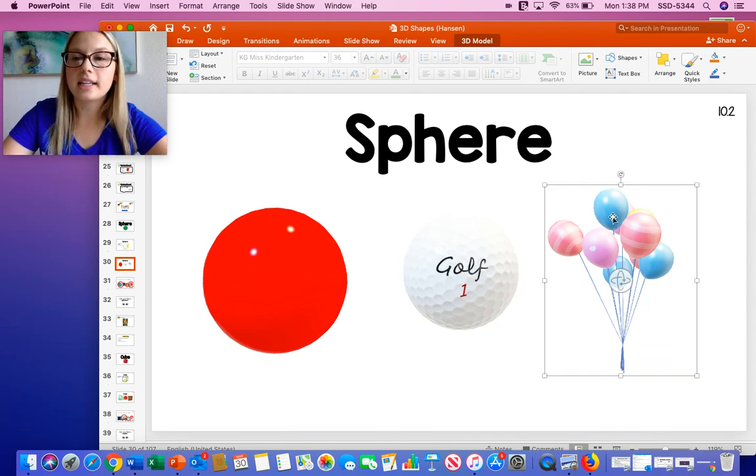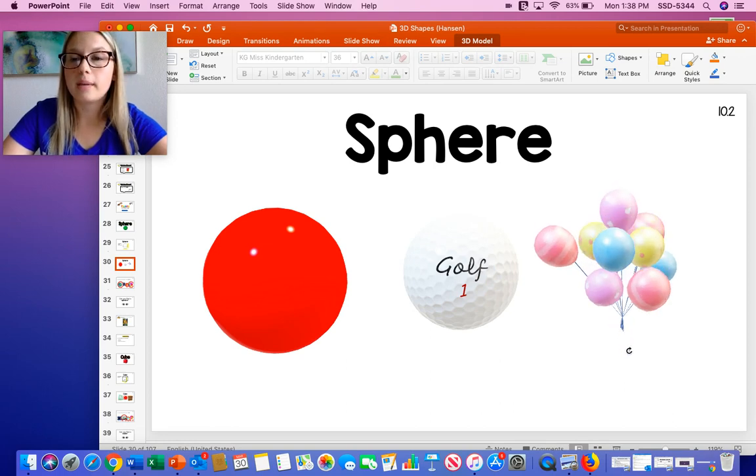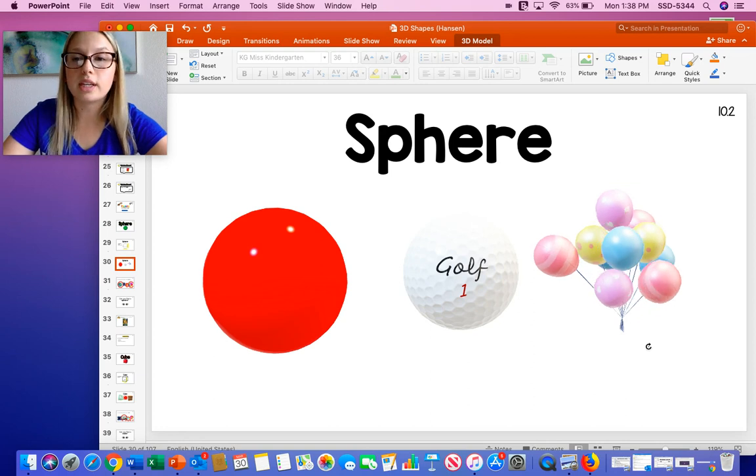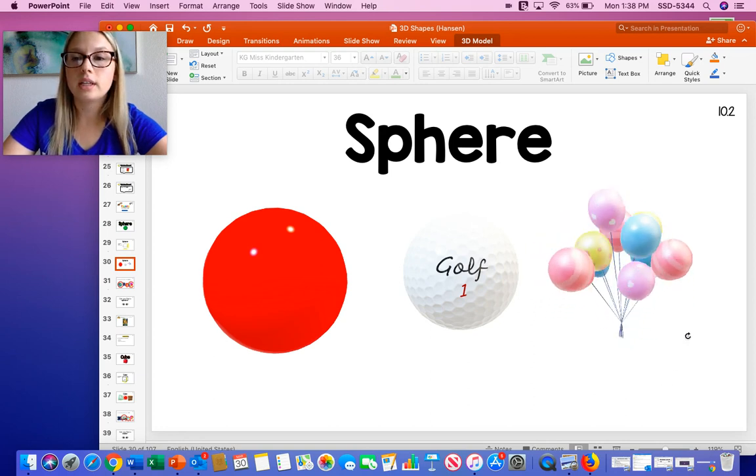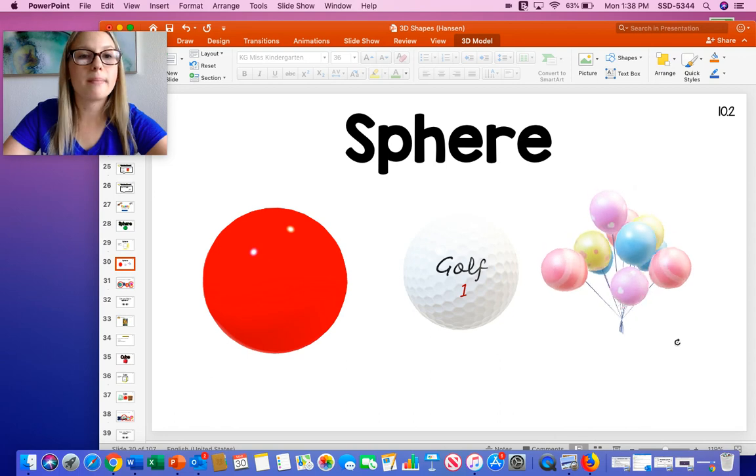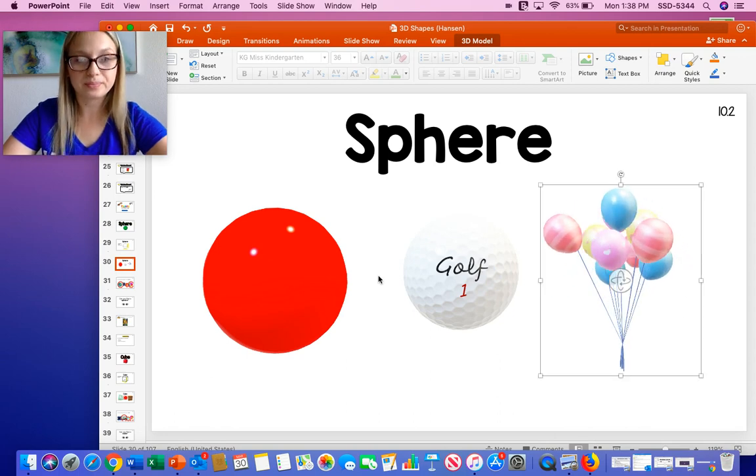Okay, last thing, last 3D shape, last real life shape that's solid is a balloon we're going to look at. A balloon is also 3D. It's round, it's curved, so it must be a sphere. These are all spheres because they're round and they're curved.